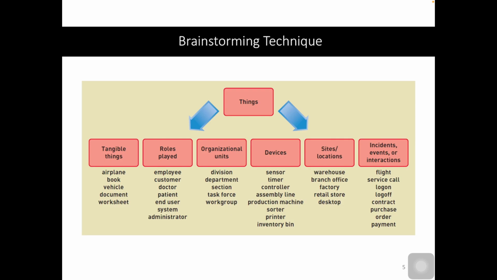For example, we have tangible things, the things that are obvious and can be seen, and then the roles played, the possible actors, and then the organizational unit, the devices that could be used, the sites or locations, and lastly the incidents, events or interactions. These are examples of things that might help during the brainstorming technique.